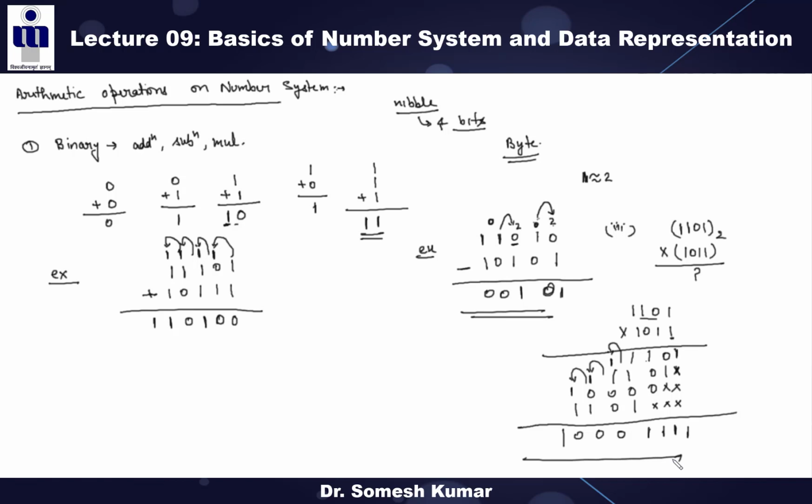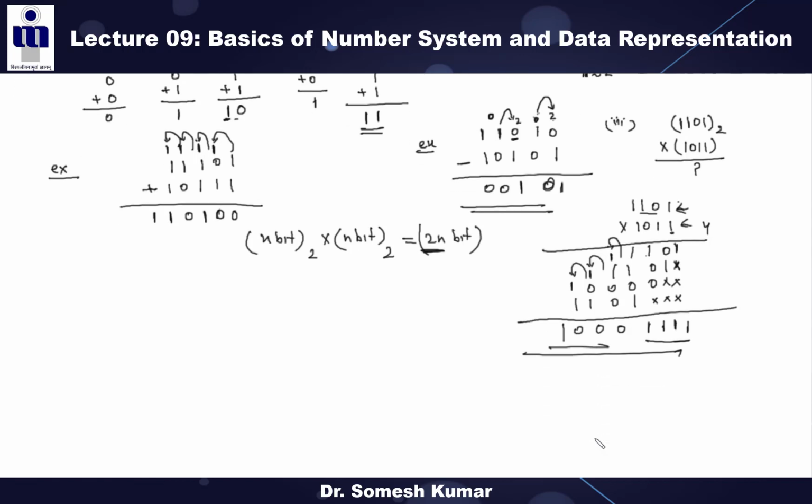So we can say an n-bit number multiplied by an n-bit number gives a 2n-bit result, right? Here 4 bits multiplied with 4 bits gives 2n, meaning 8 bits. Clear?